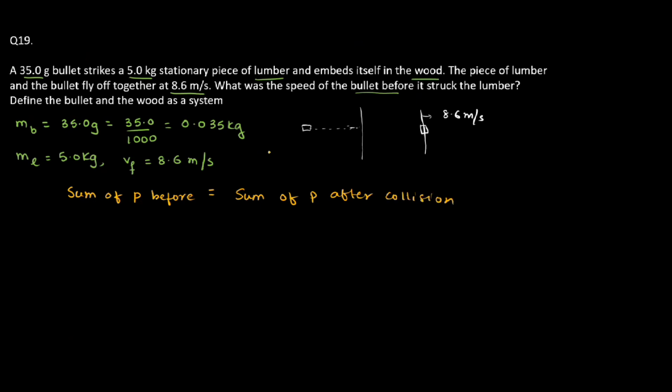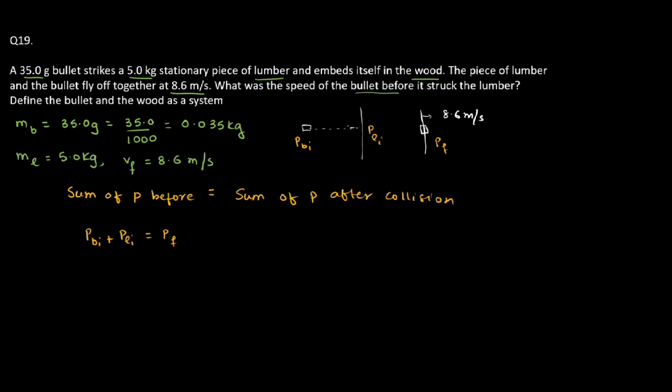So before collision, I need to take momentum of the bullet, which I will call P_B initial, and the momentum of the wood, which I will call P_L for lumber. After the collision, I need to take momentum of the system together, bullet plus lumber, which I will call P final. According to the law of conservation of momentum, P_B initial plus P_L initial must be equal to P final.